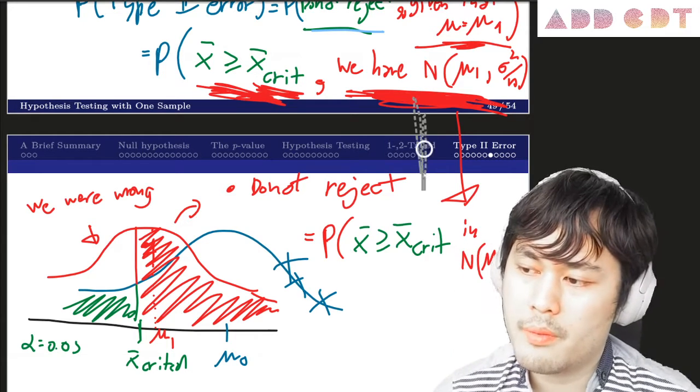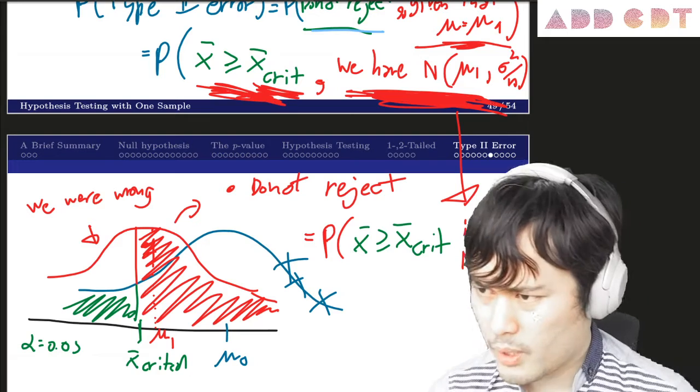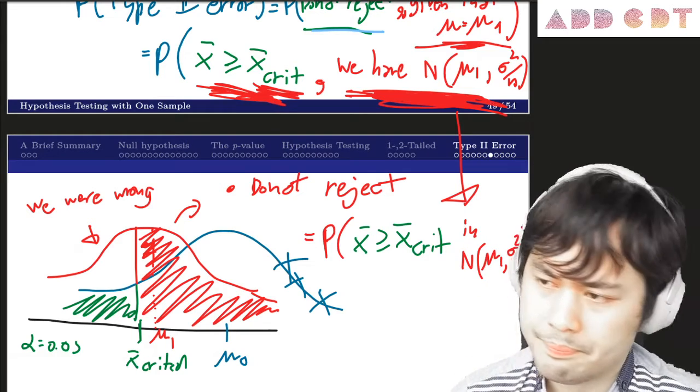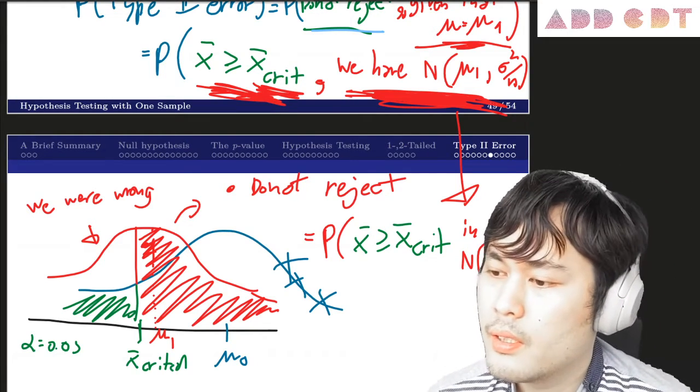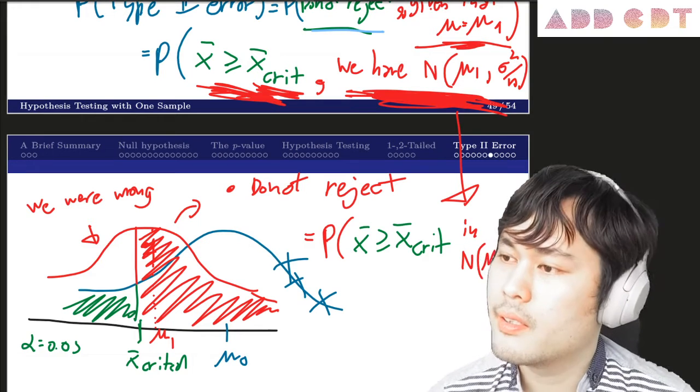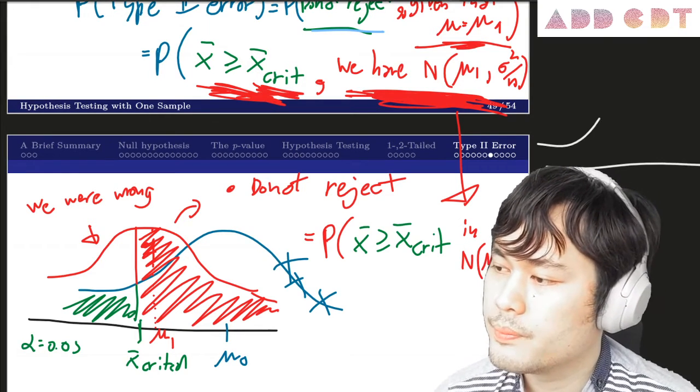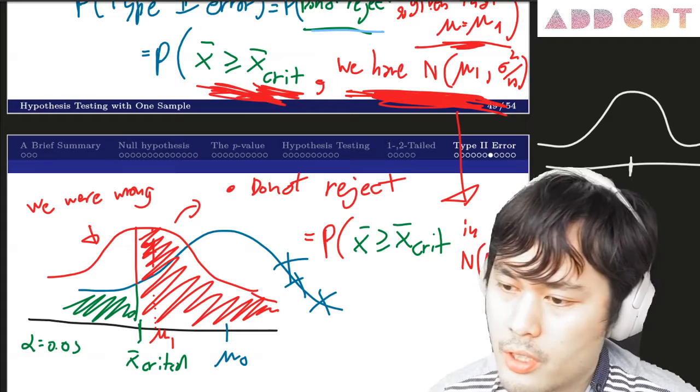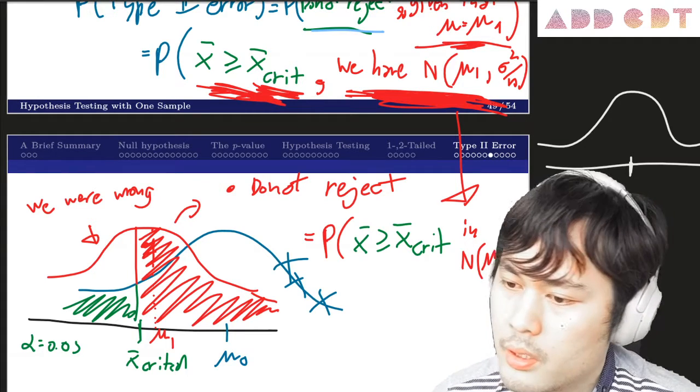This one is the same statement, we just get rid of some words. And how do we compute that? Then again, that goes back to the original normal distribution.